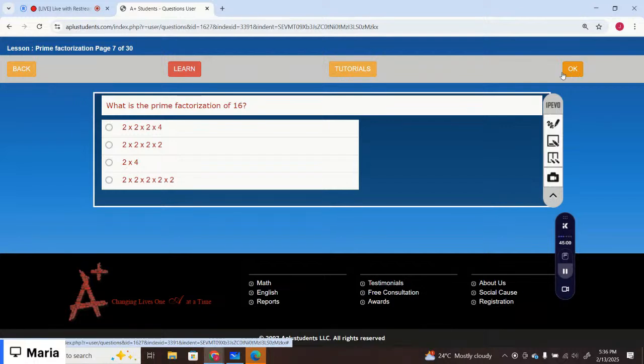The prime factors of 16 are 2 times 2 times 2 times 2. The second one is the correct option. When you multiply them, they have to make 16. Option number 2 is the correct option.